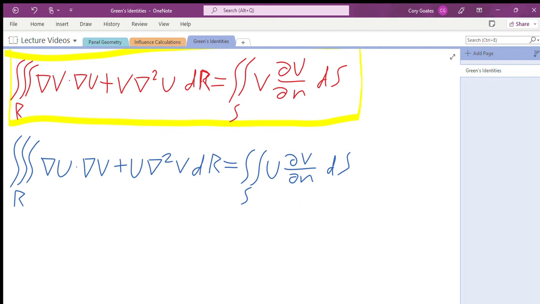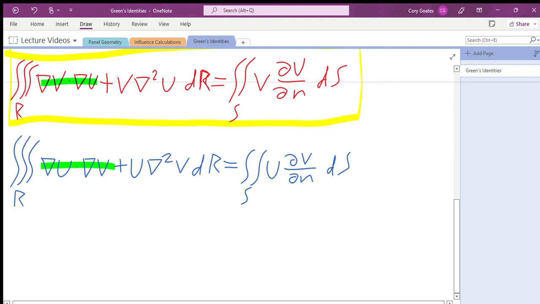Now, if you'll notice, we've got one term that's in common between these two. This term, again, like I said earlier, they're identical. So let's take these two equations and subtract them from each other. So, doing that, we're going to end up with, and we want this to cancel out this dot product term here that we have. It's a horrible integral, but you get what I'm doing.